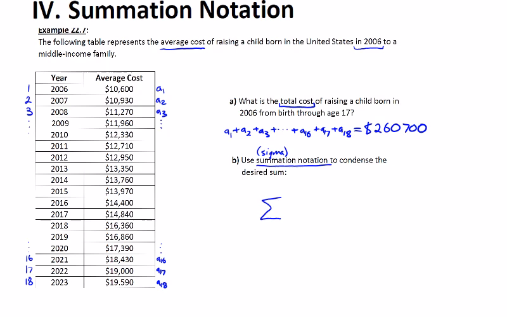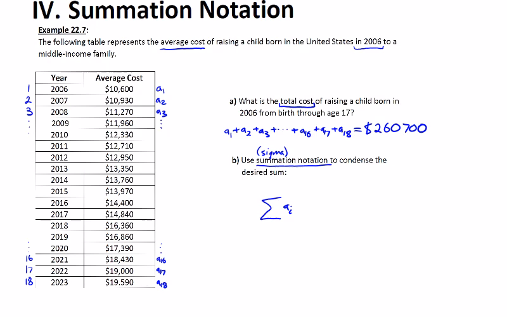What we're going to do with this is represent the addition of A1, A2, A3 all the way through A18 in a much more condensed, concise, efficient manner. There is a pattern to all of these terms. They're all A something, A1, A2, A3, so on. So I'm going to call A subscript i the general term.